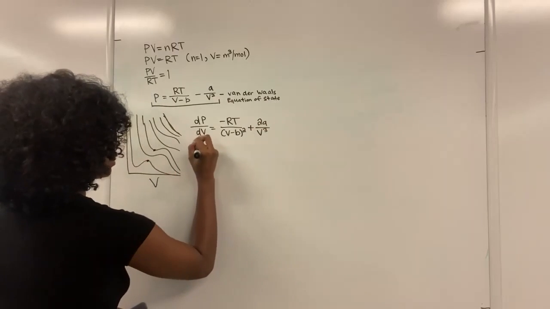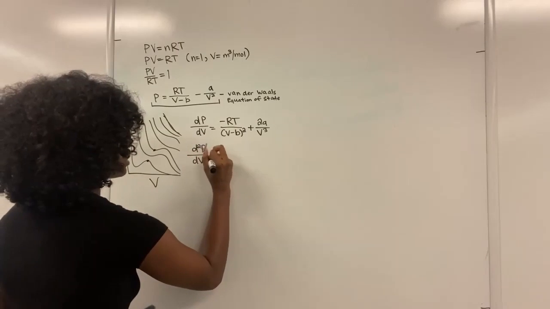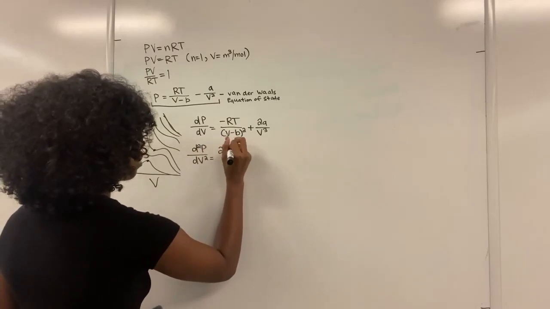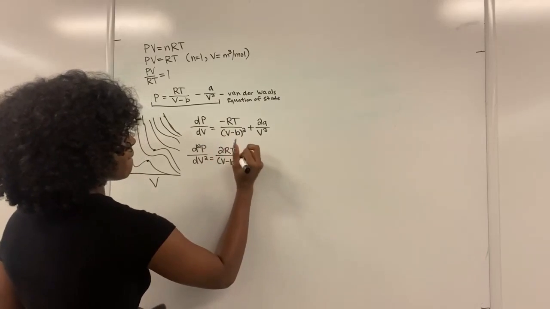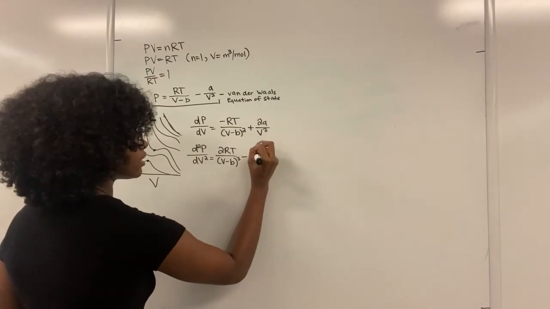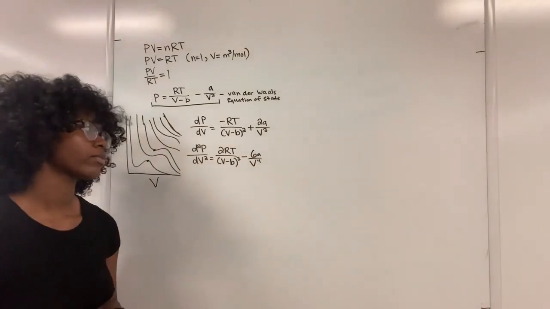And the second derivative of the pressure with respect to the specific volume is equal to 2R times the temperature divided by the volume minus B cubed minus 6A divided by the volume to the fourth power.